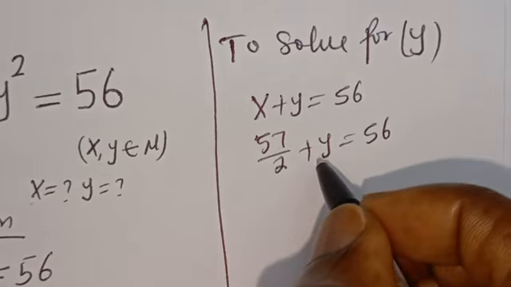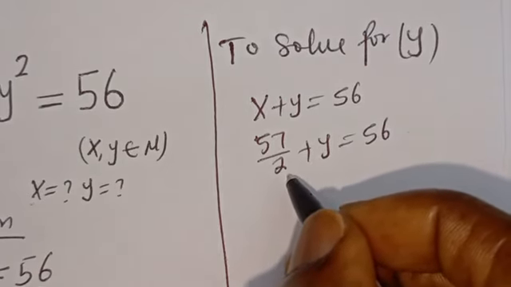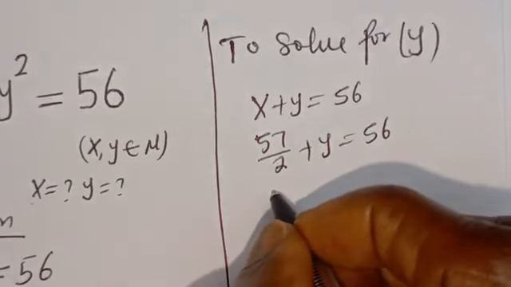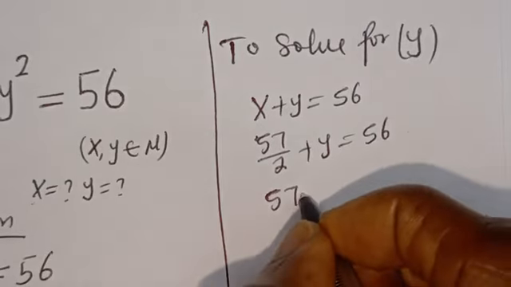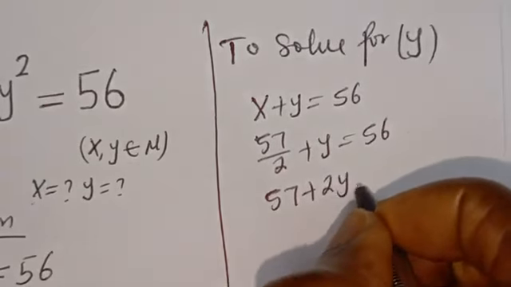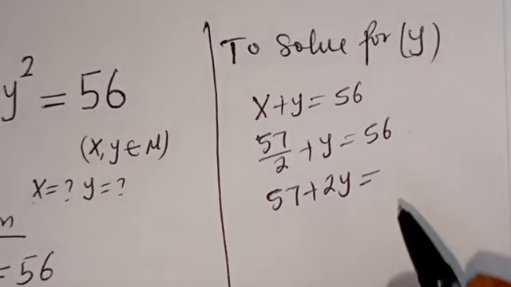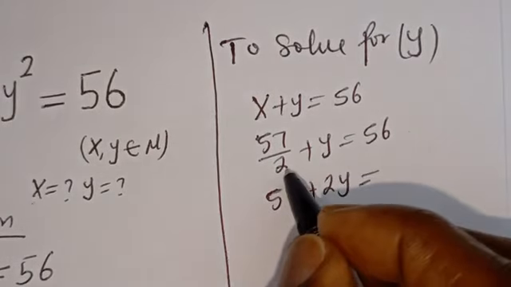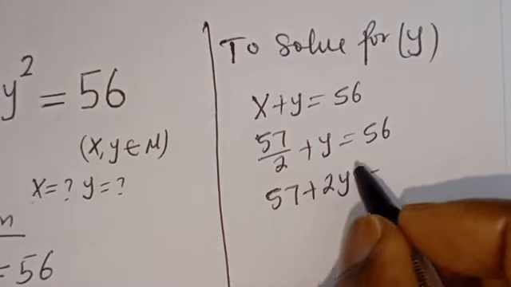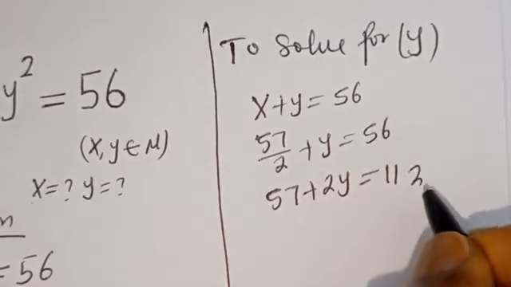Then if you multiply all through by 2, we have 57 plus 2y is equal to 56 multiplied by 2, this is 112.